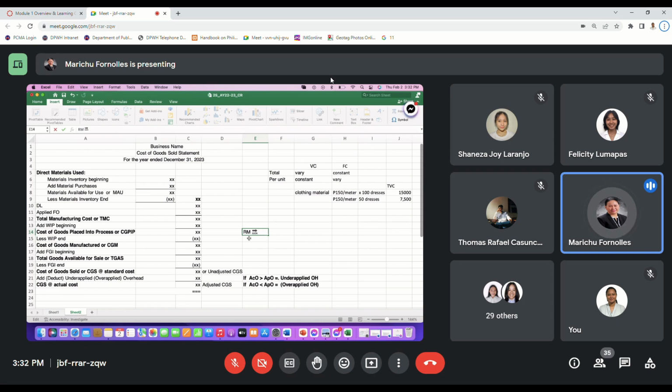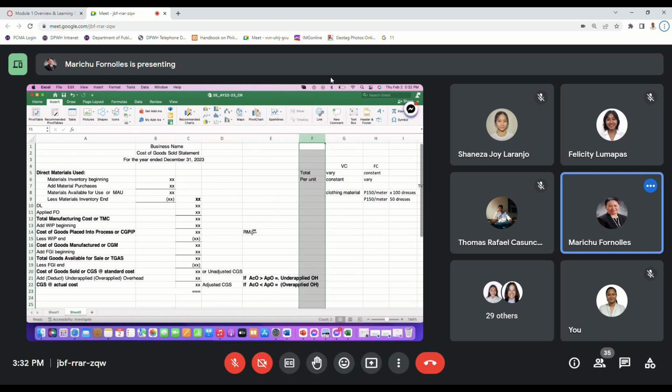The raw materials will soon be converted into... once started in the production for processing, that becomes part of your work in process.